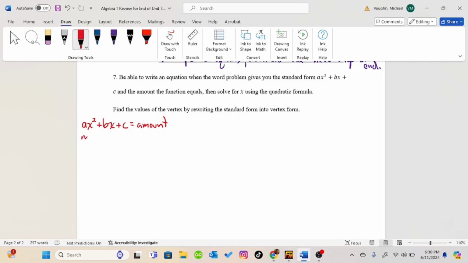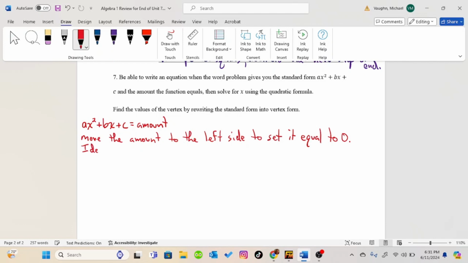Then move the amount to the left side to set it equal to 0.